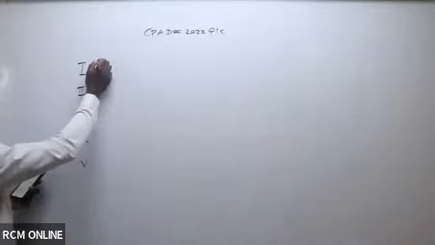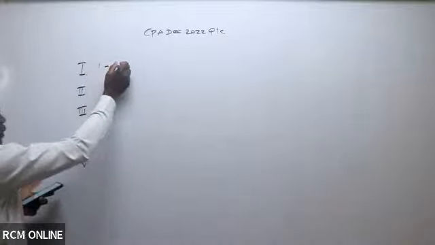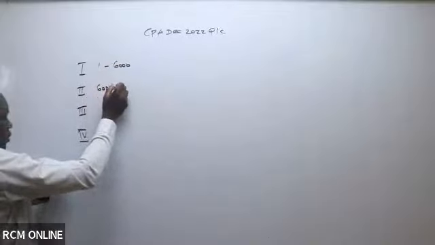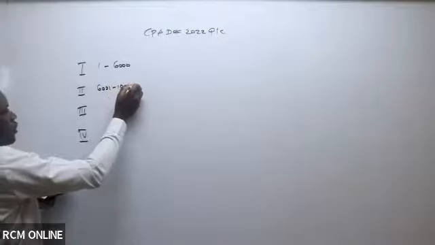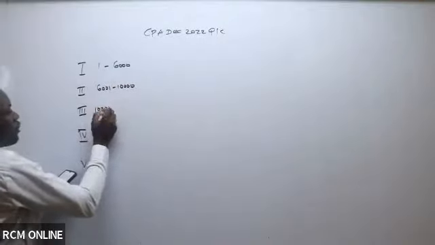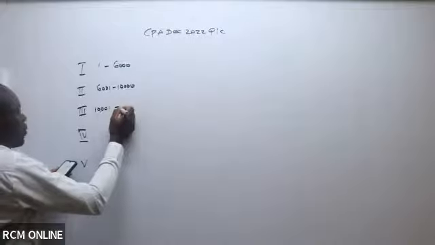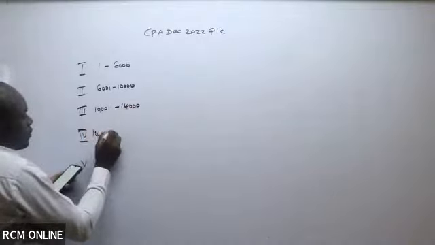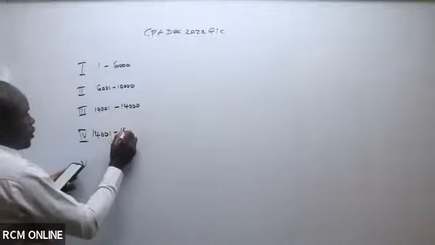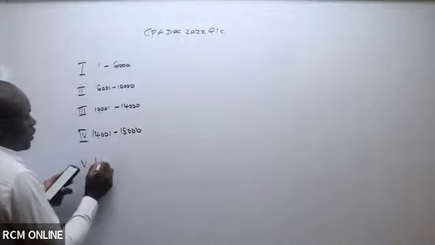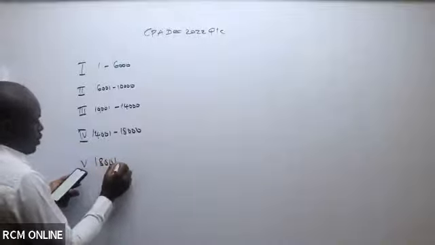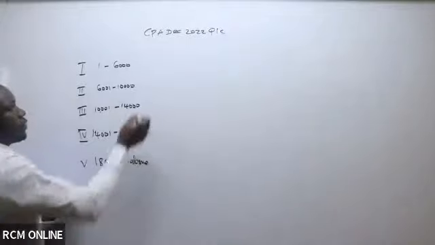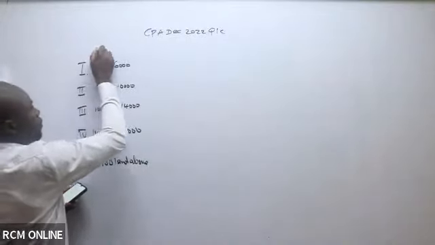So within these units, we have 1 to 6,000, 6,001 to 10,000, 10,001 to 14,000, 14,001 all the way to 18,000, 18,001 and above, right?